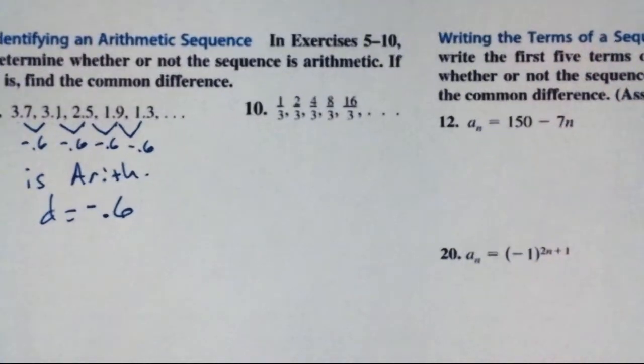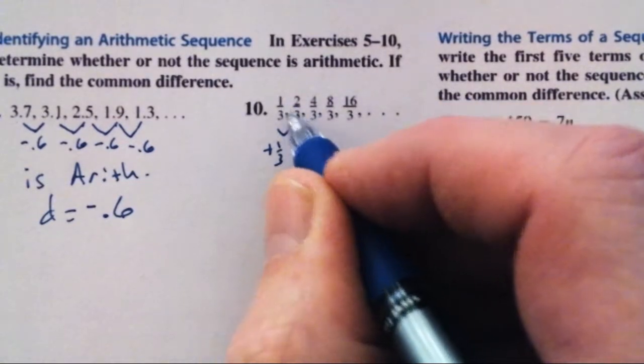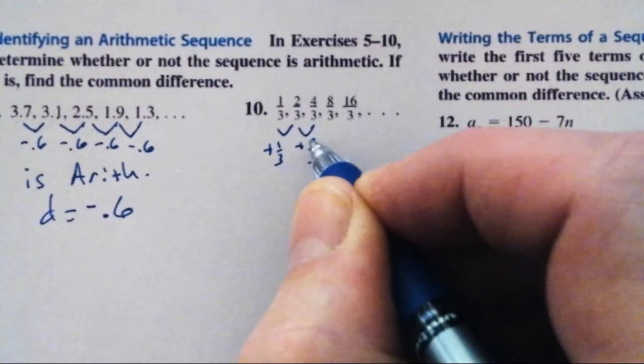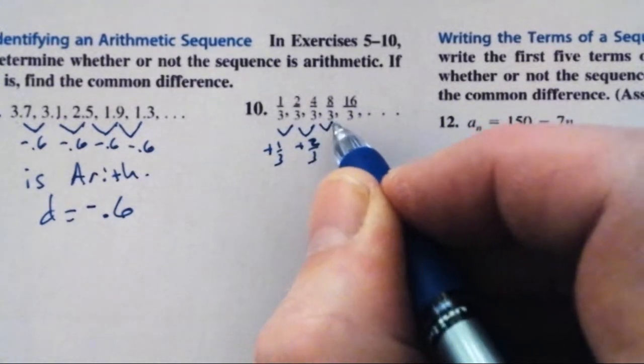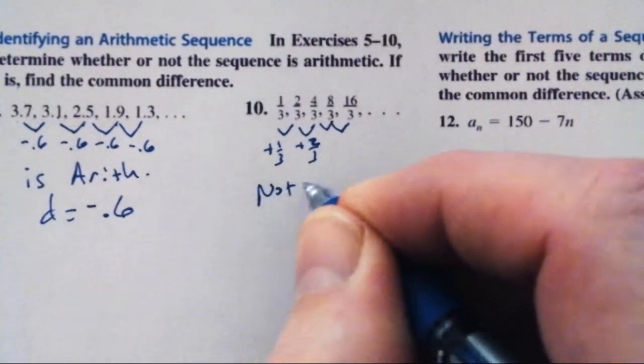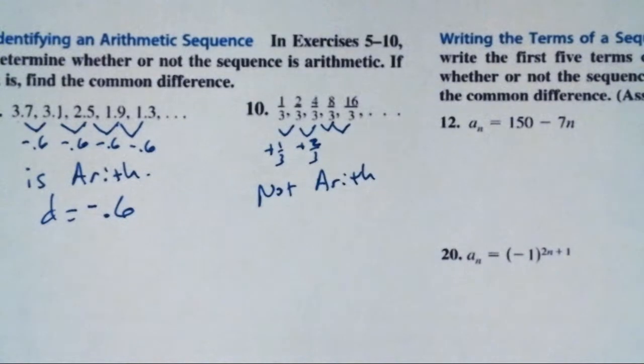Number 10. This sequence goes up 1/3, but then it goes up 2/3, up 4/3, up 8/3. It's a pretty easy pattern to see, but it is not arithmetic. It doesn't go up by the same amount each time, and we are done.